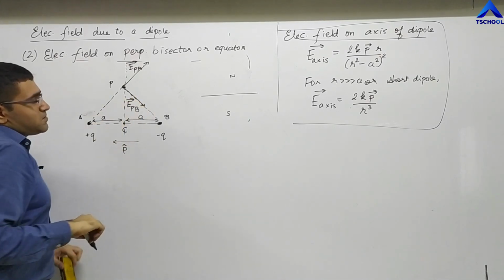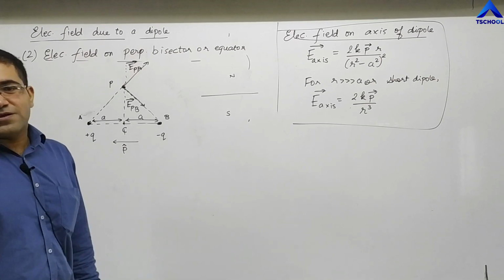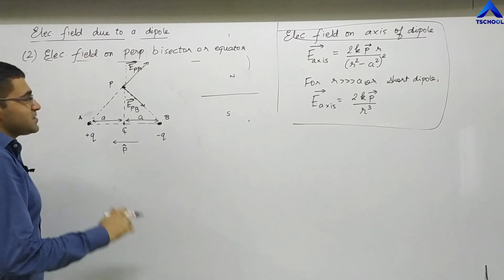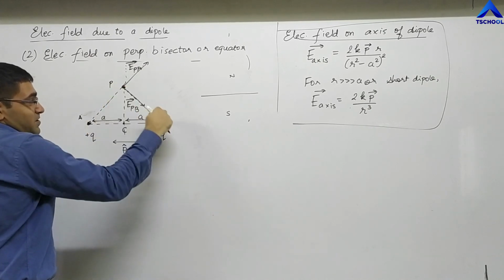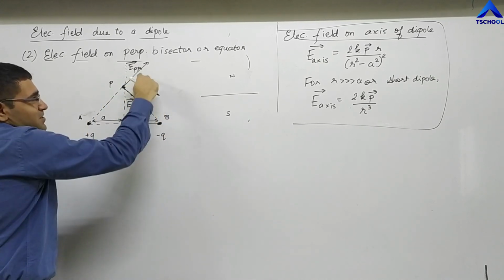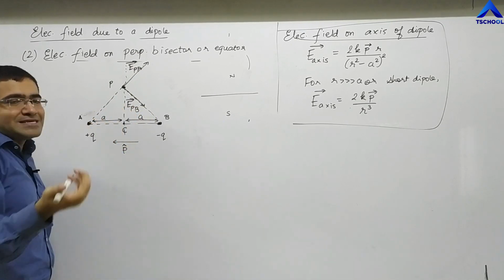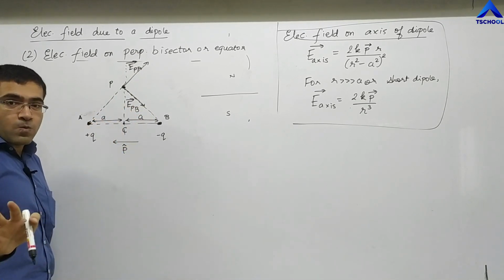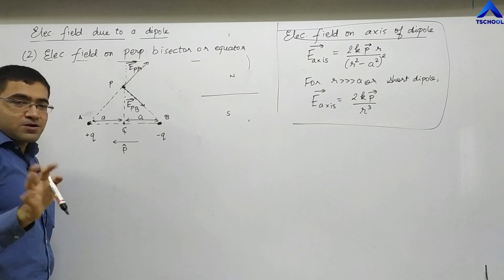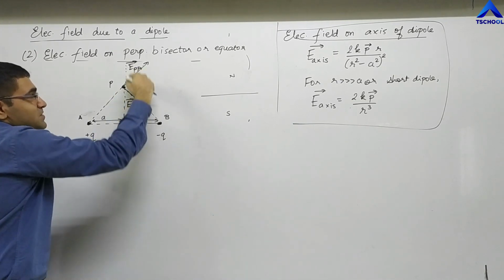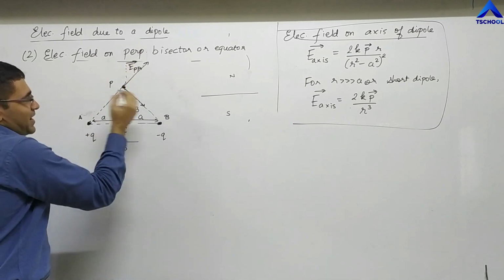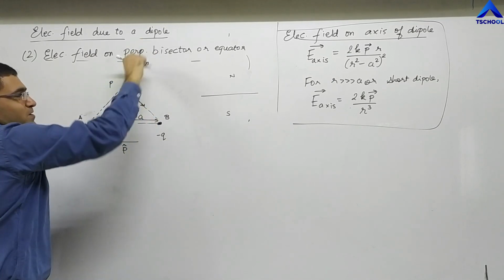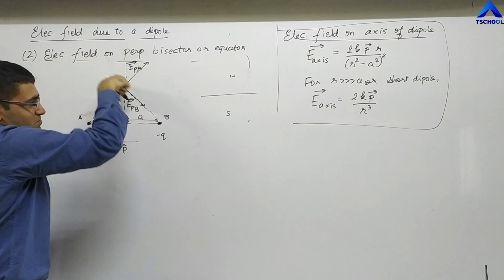But you are going to appreciate the symmetry. Why is there symmetry? Because this is plus q, this is minus q, and the distance from here and from here is the same. So actually the magnitudes of these two vectors are equal. And because they are placed like this, whatever this is upward, the same this is down, in this direction.